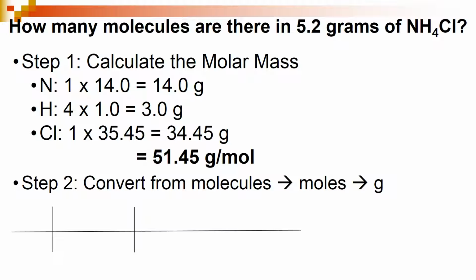Now, we're going to convert. We start with 5.2 grams. Starting with grams on the top, we have to have grams on the bottom. So if there's 51.45 grams in 1 mole, now we can convert from moles to molecules. Okay, so the plan here is reversed, so let me fix that.